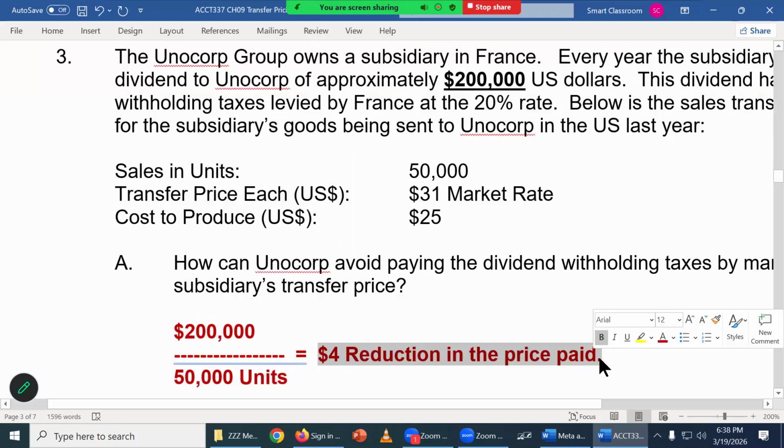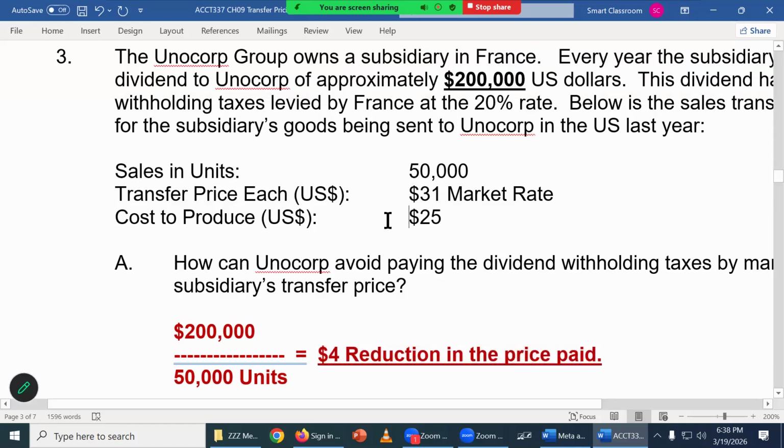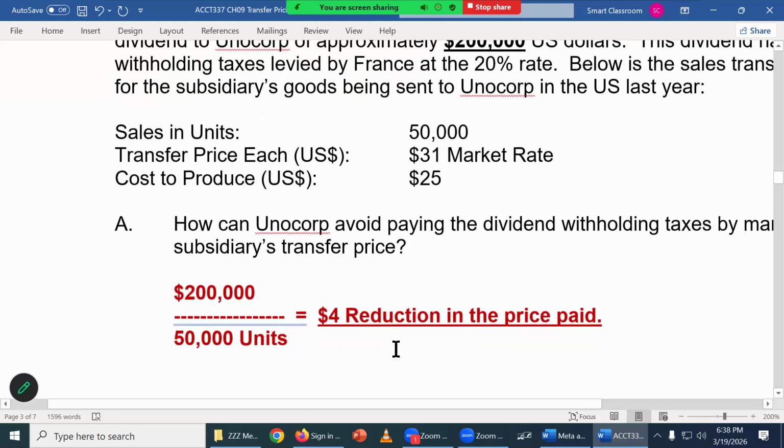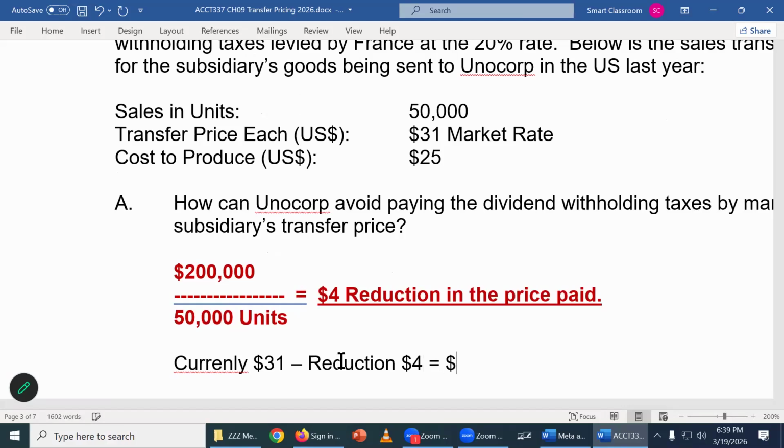So instead of paying $31, currently 31, minus the $4 reduction, to 27. So this would be our new price.